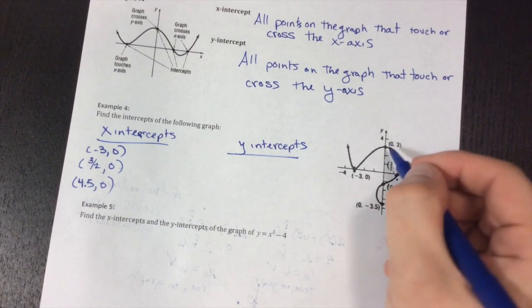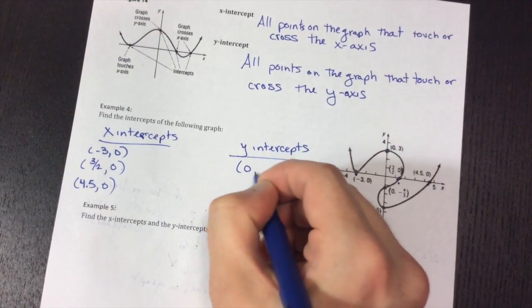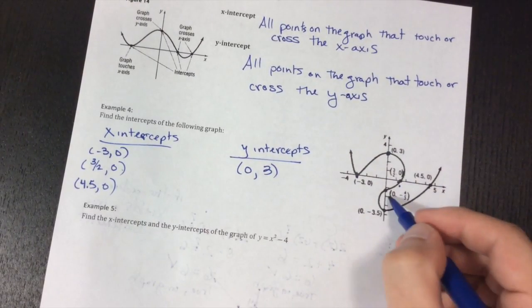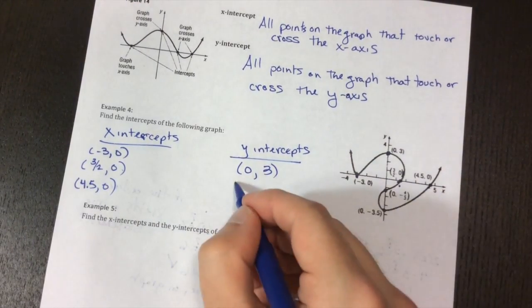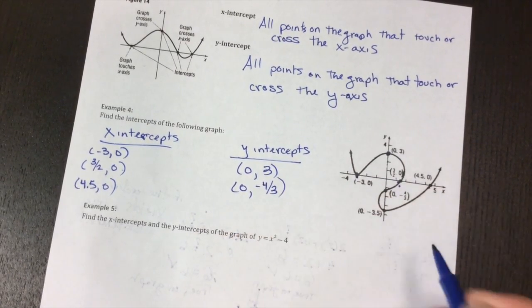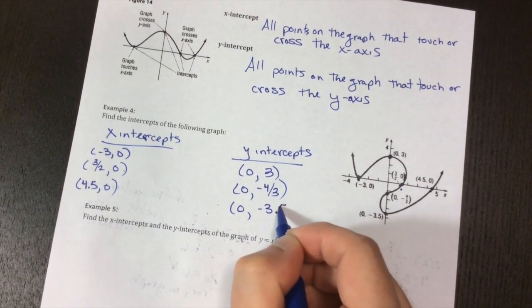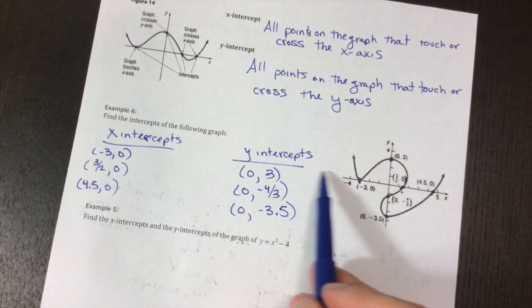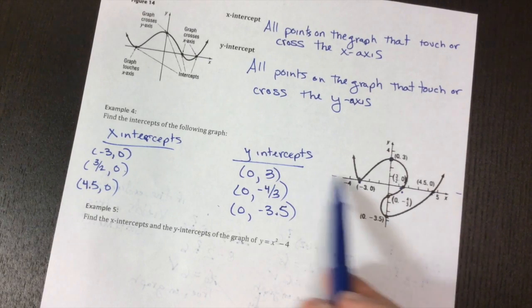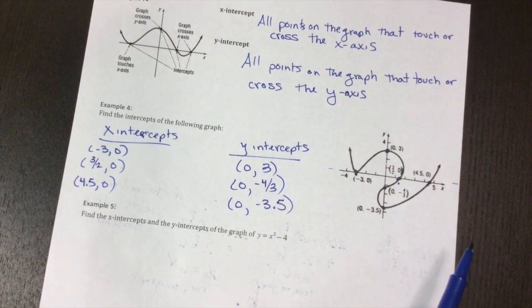Likewise on the y-intercepts, we have, this is going down, 0, 3. Then we also have this 1, 0, -4/3. And we have this last one, 0, -3.5. X-axis, x-intercepts are horizontal. Y-axis, y-intercepts are going to be on the vertical.